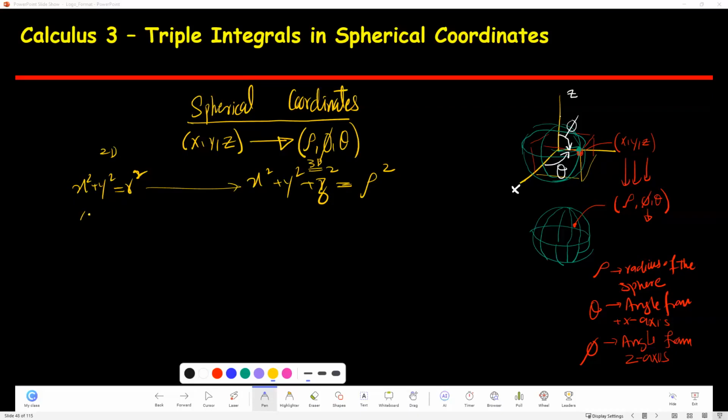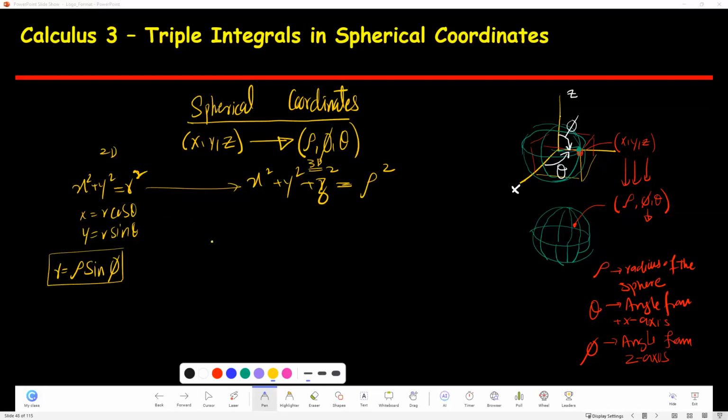The other one we used to write x equals r cos theta, y equals r sin theta. So in 3D, we're going to replace r with rho sin phi. Wherever we have an r, we replace it with rho sin phi.